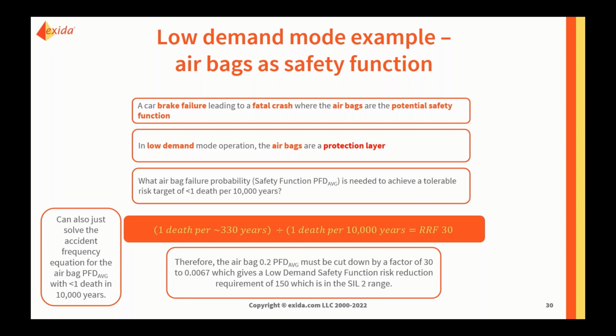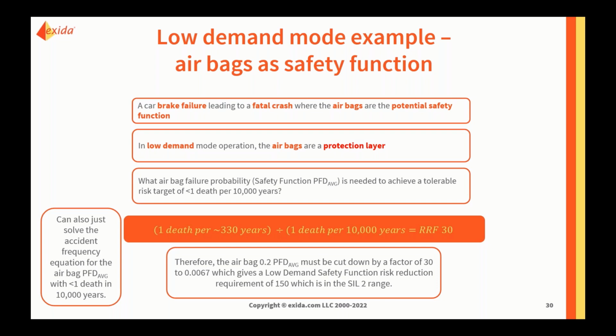We're still out by a factor of 30, which means that our 0.2 PFD average needs to be cut down by a further factor of 30 to 0.0067 to hit that 1 in 10,000 year target.